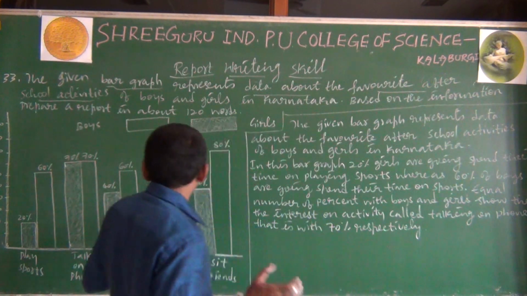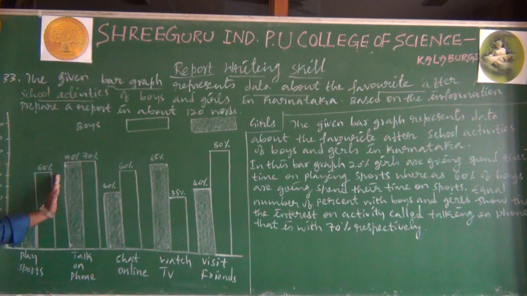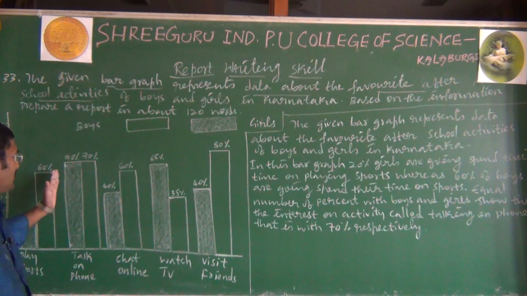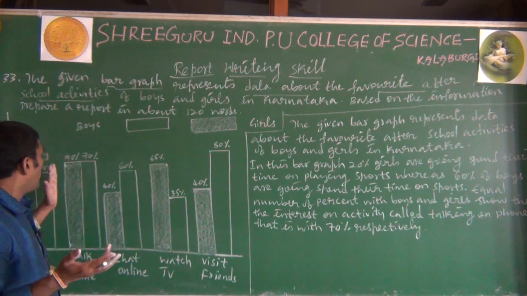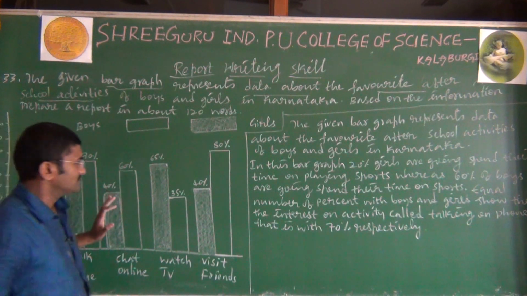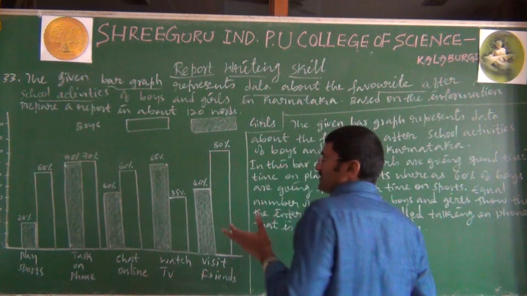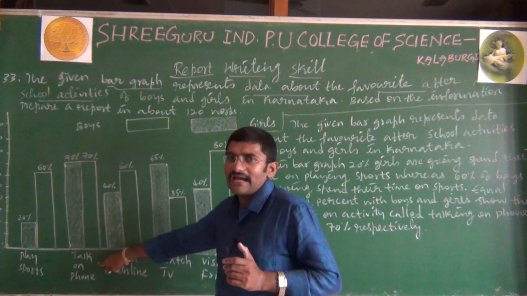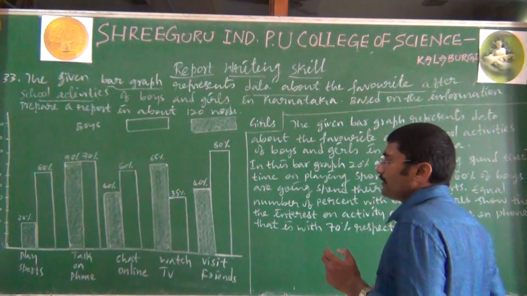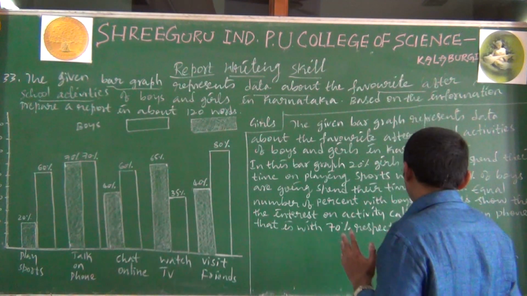How the boys and girls are going to spend their time on talking on phone. Boys are going to spend 70% of their time on talking on a cell phone or mobile phone, and girls as well. There is not much difference in this area of activity, that is talking on mobile or cell phone.